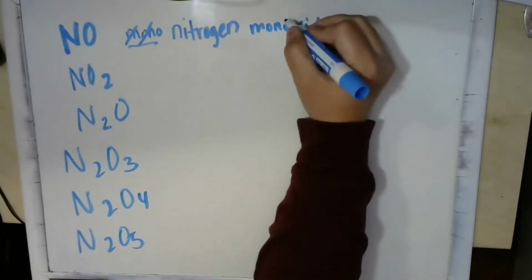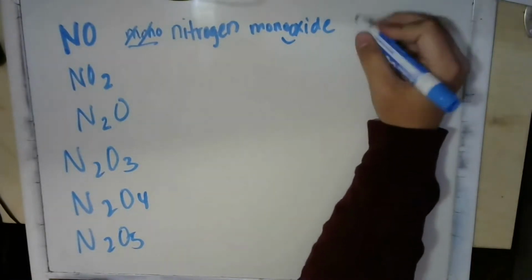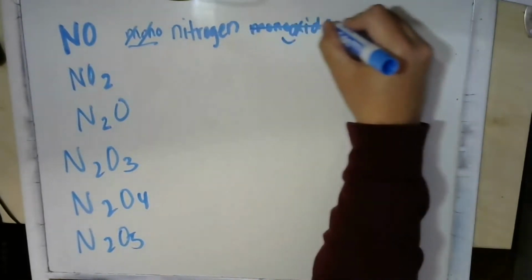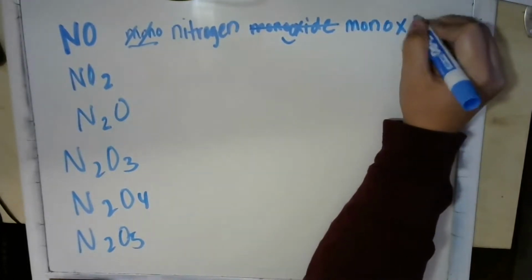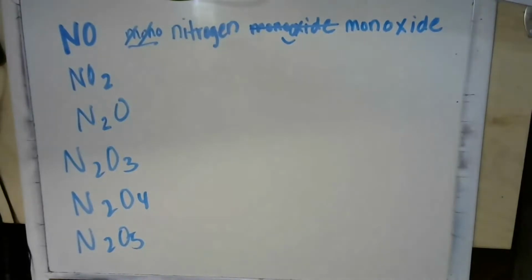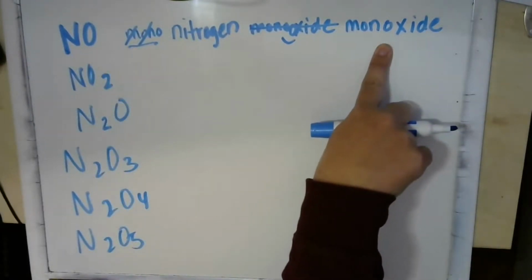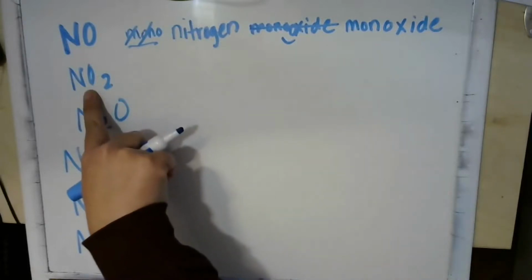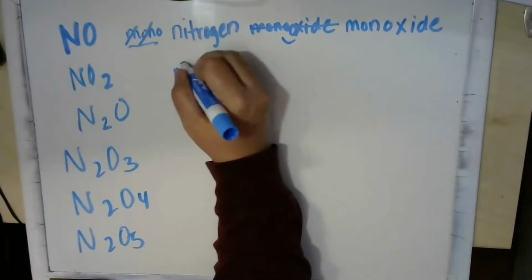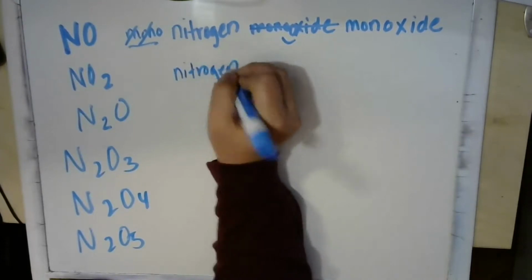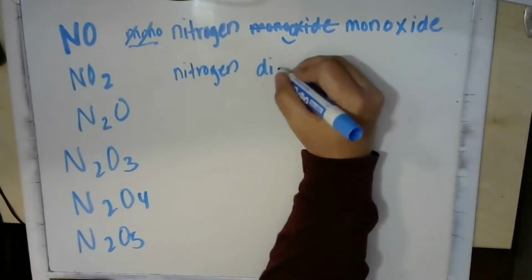And then you see how we have this repetition of the O there? We're going to combine that, and instead of mono oxide, we're going to call it monoxide. Okay, so this would be nitrogen monoxide. Okay, again, we have one nitrogen to start with. Now we have two oxygens. So that will be dioxide.